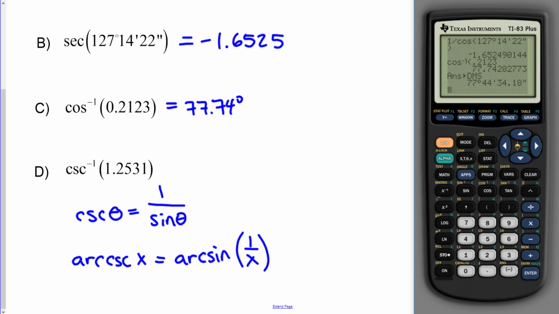So it's a little bit trickier because the 1 over is on the inside of the parentheses here rather than on the outside, as you would if you were just doing cosecant. So you do arc sine of 1 divided by that value that's given, 1.2531, and the output here is 52.94 degrees.